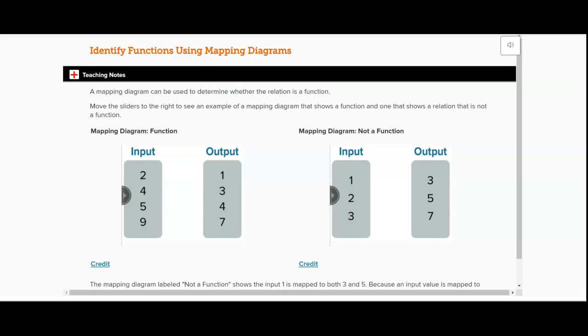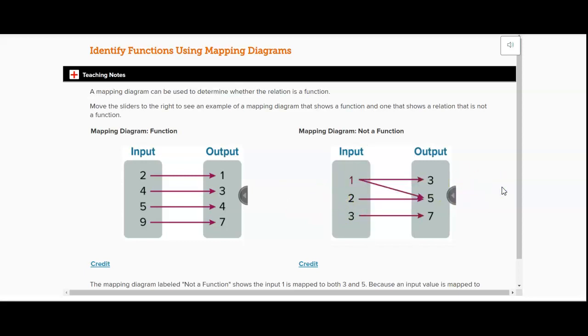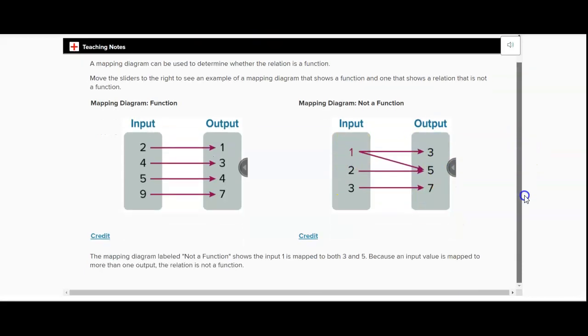So a mapping diagram we can use to determine whether a relation is a function, okay? So again, here's one that is a function, and here's one that's not a function. Again, we can see that this x has two different y's. This input has two different outputs there.